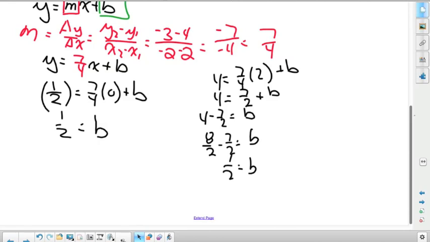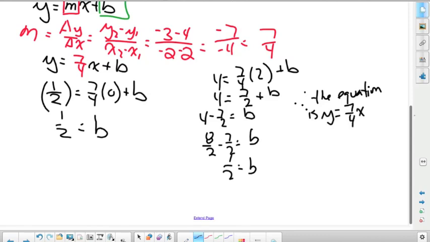Because again, we're satisfying this line, satisfying this equation. So therefore the equation is y is equal to 7/4 x plus 1/2. Okay? So that was a little bit of review of grade 9. Yes, Audrey?